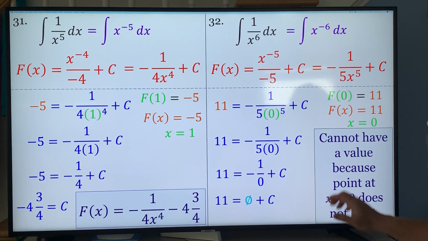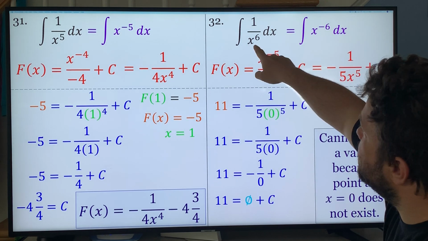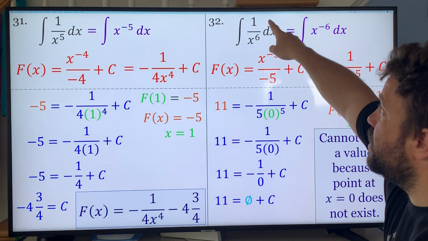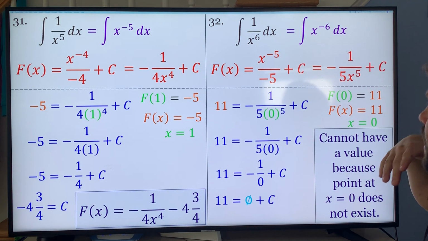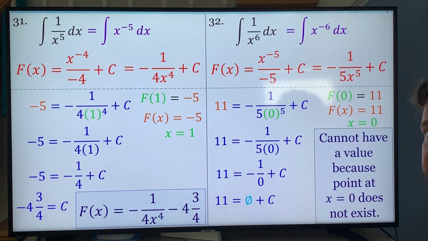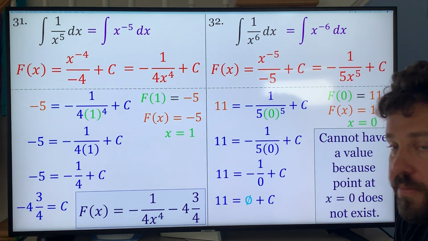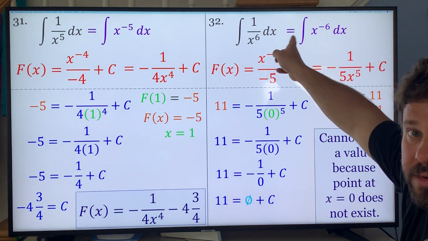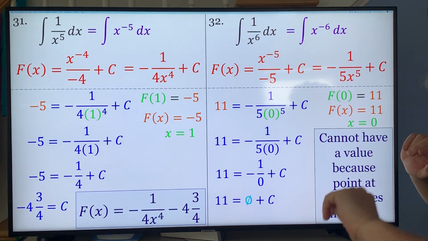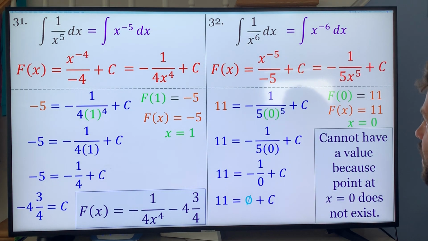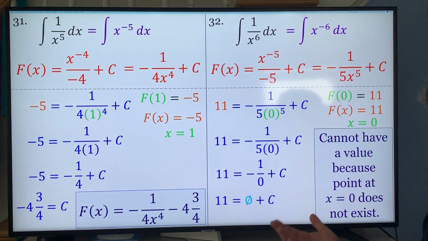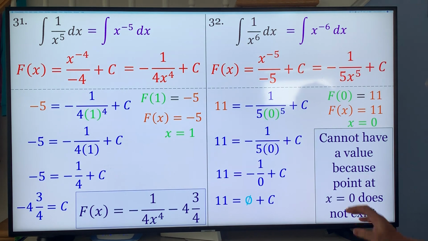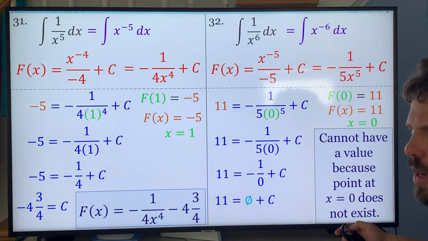Do you know why? Well, let's look back. If I take x and 0 and plug it into this equation, you get 1 over 0. So what actually is happening at the point 0? Do you guys remember from the graphing? If I plug 0 in here, denominator equals 0, you have a vertical asymptote. And if you have a vertical asymptote, you can't have an equation because there's nothing there, right? Ah, tricked you. I probably won't do that again.